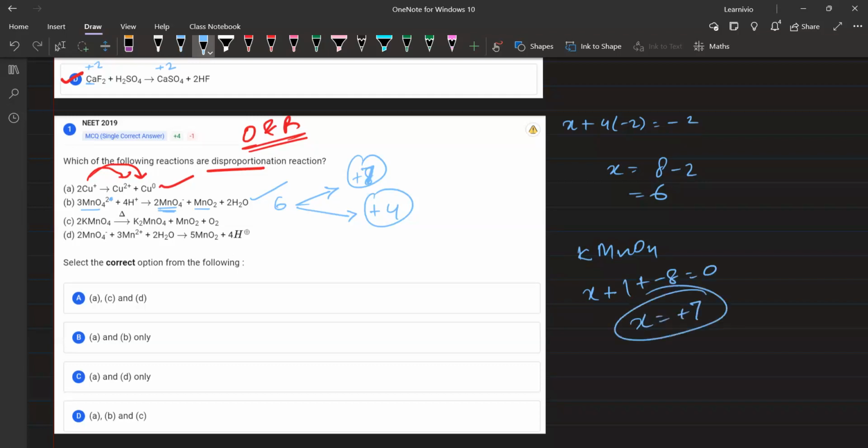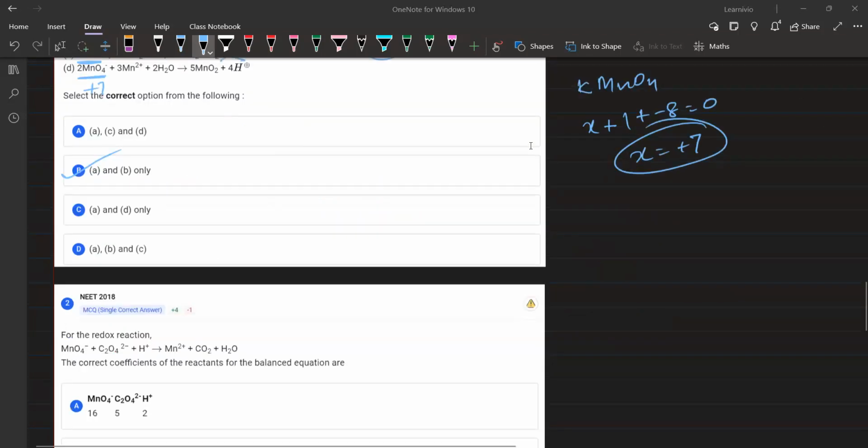Now, if it is already in plus 7, it cannot go higher. It can only get reduced, because manganese has only 7 electrons in the D and S sections combined. So that cannot happen. We have the MnO4 negative, again plus 7 oxidation state. That is why it cannot go into a lower oxidation state. So the other options and B will be correct. Option number B. Both of you have done it correctly.